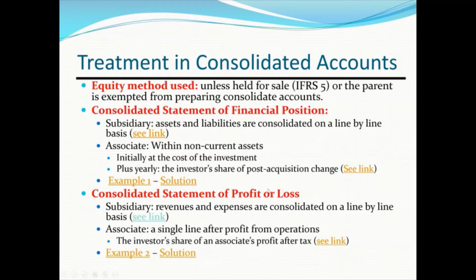Moving to the associate, if we have an investment in associate, the accounting treatment according to the equity method is a single line after profit from operations, and this single line will include the investor share of the associate profit after tax. So this is mainly the accounting treatment of the associate. It is one line consolidation, where we only include the investor share of the associate profit after tax.